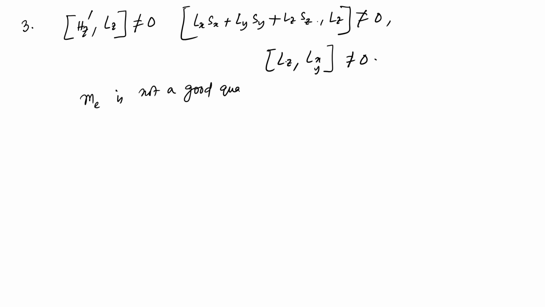So, it is not a good quantum number, and hence you cannot use these ML, or rather psi nL ML, which we have been using so far even in the case of Stark effect and so on. So, in this ket notation, n L ML MS is not a good basis.